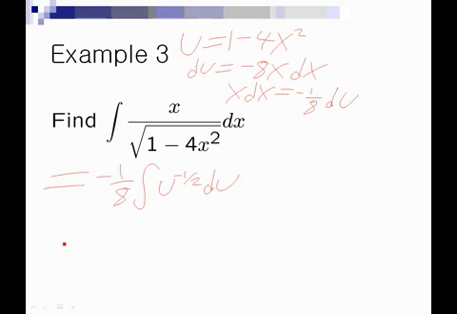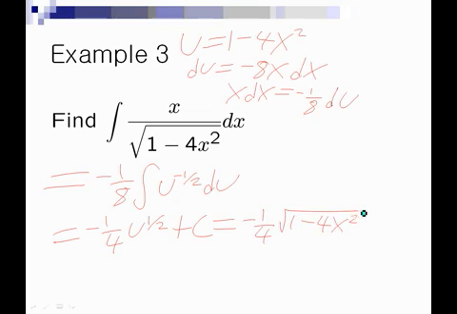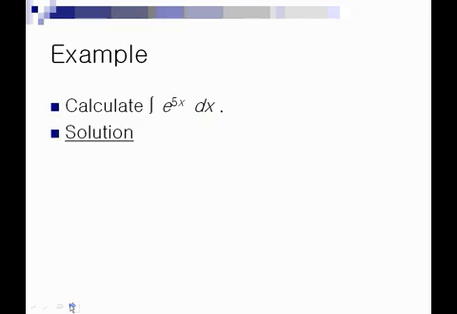We integrate that, we're going to get a negative 1/4 u to the 1/2, I'm sorry, why did I write that? Du. Plus an arbitrary constant, or if you substitute back in, a negative 1/4 square root of 1 minus 4x squared plus some arbitrary constant. All right, well, this is actually an easy one.